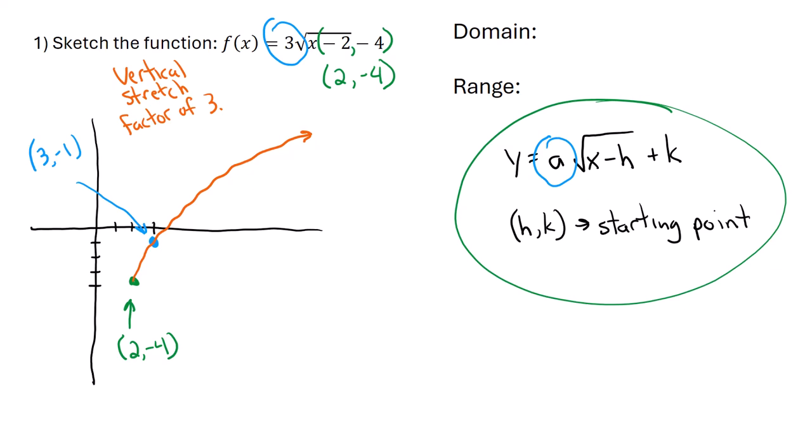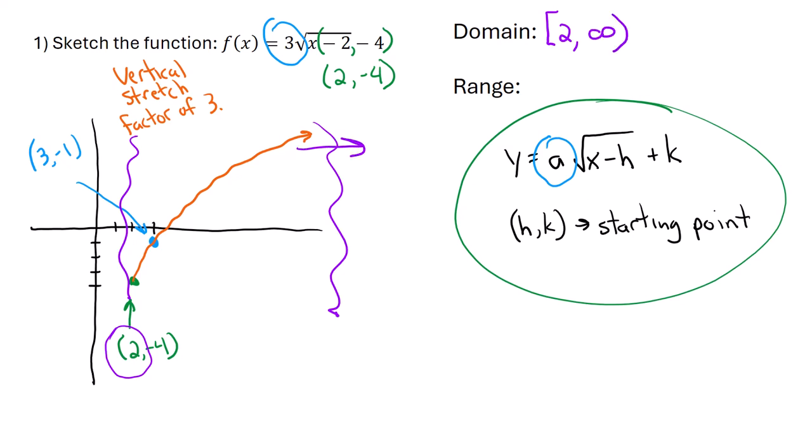Let's come up with the domain and range while we're at it. So for my domain, I look at my left side and my right side, what's my lower boundary and upper boundary. So the lowest that goes is this 2 right there, and it's included in my graph. So I'm going to put brackets. And then the right side, we're going on to positive infinity forever.